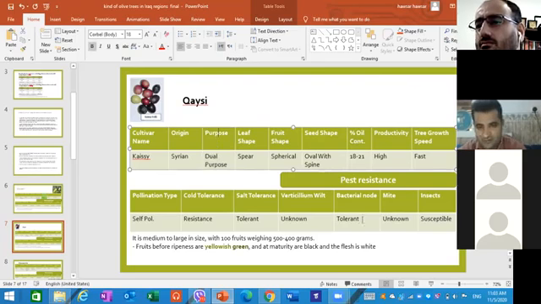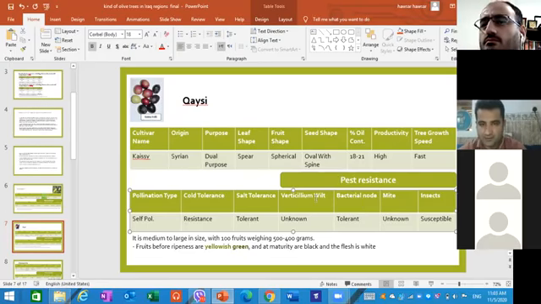Also, for us, it's important if the olive can be tolerant against bacterial knot, against wilt, and against insects.